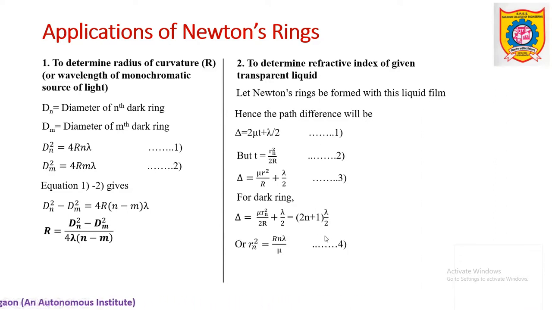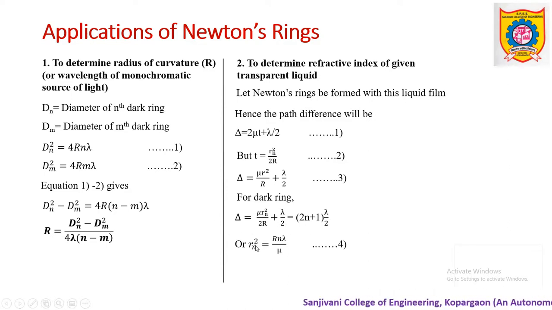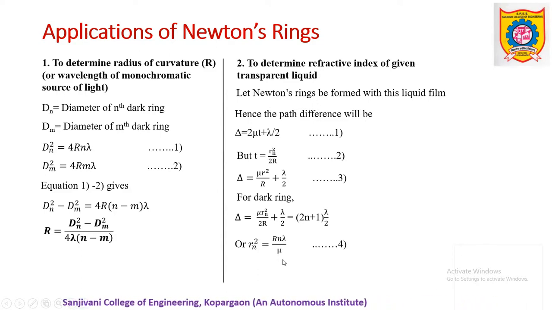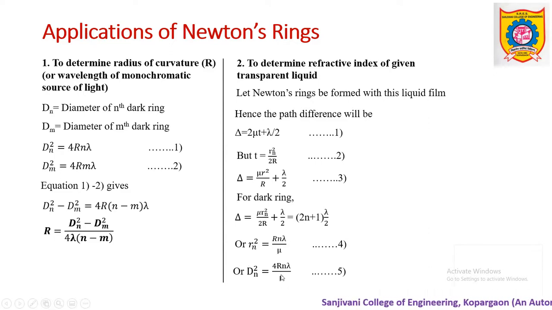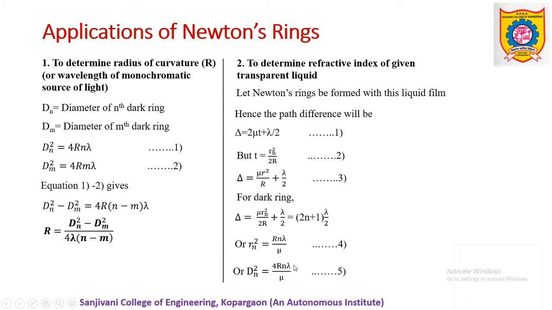After simplifying this equation, we get rn square is equal to Rn lambda upon mu, and from that we get the diameter square as 4Rn lambda upon mu. Here you can easily understand, for an air film, if mu is equal to 1, then the equation becomes dn square equal to 4Rn lambda, and if it is a liquid film, then this mu comes in the denominator.